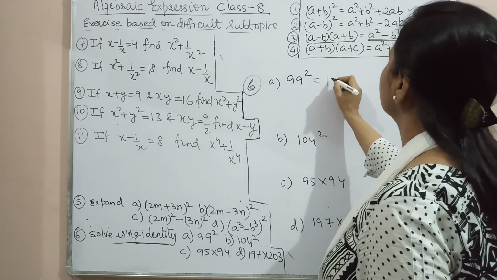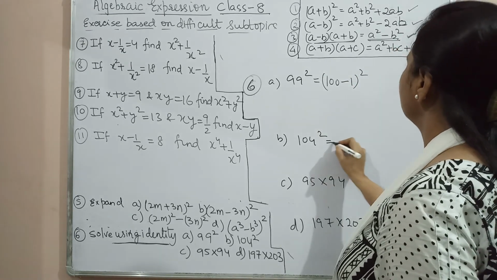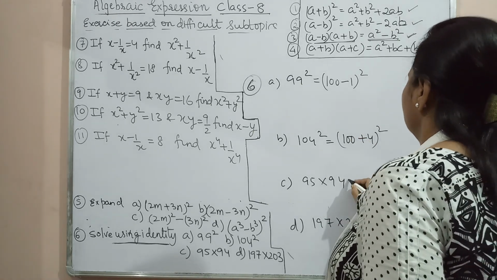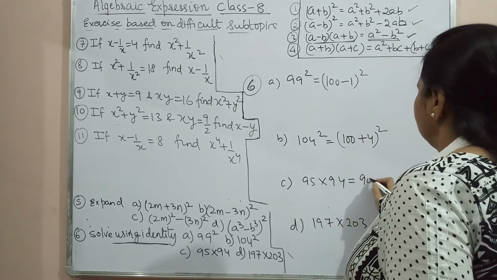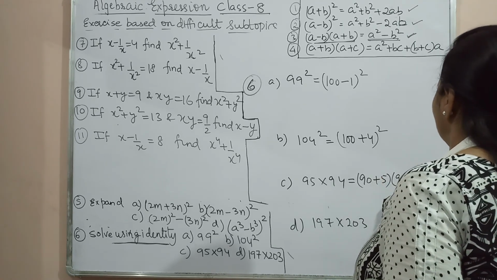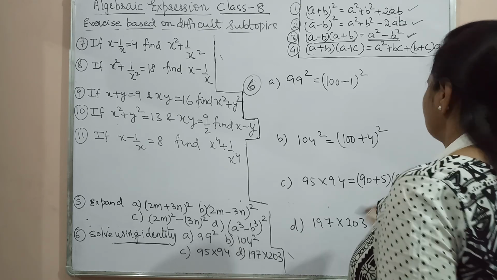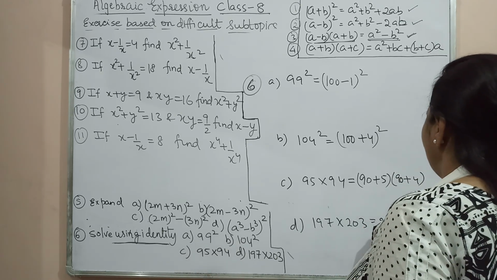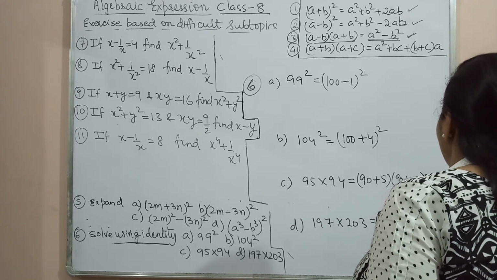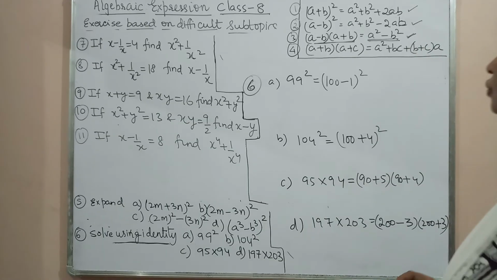99 we can write as 100 minus 1 squared. 104 we can write as 100 plus 4 squared. This is 90 plus 5 and 90 plus 4, and this is 200 minus 3 into 200 plus 3. All right, now how do we compare?